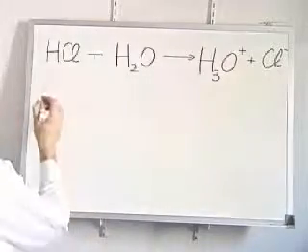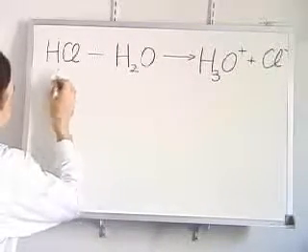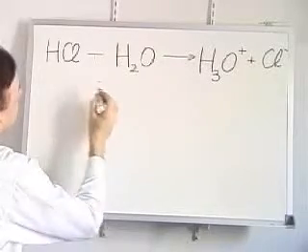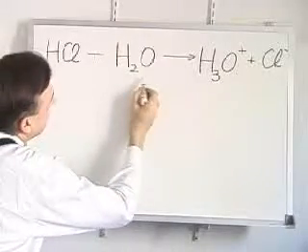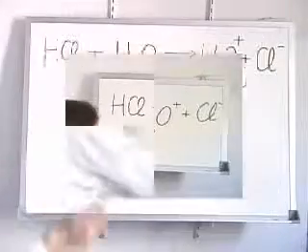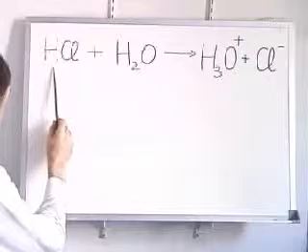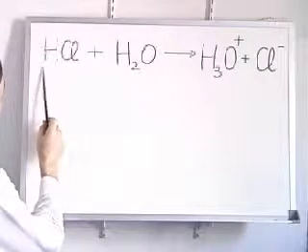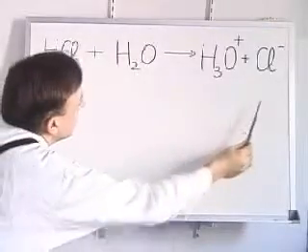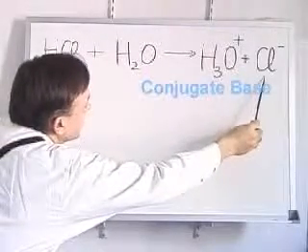Notice that in order for a chemical entity to realize itself as an acid, there must always be another entity that has to realize itself as a base. Even more interesting is the fact that when a chemical entity realizes itself as an acid, it always creates its own conjugate base.